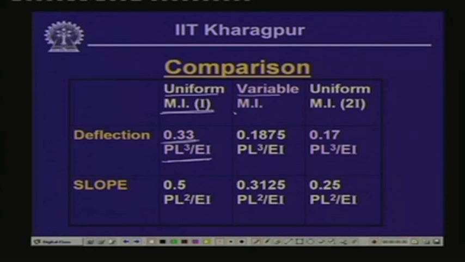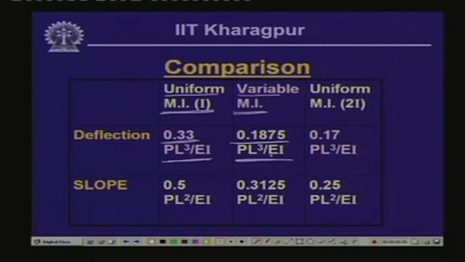When we have variable moment of inertia, with twice I over half the length and I for the rest, the deflection at the tip comes as 0.1875 PL cube by EI. So the value changes drastically from 0.33 to 0.1875, a change of around 43 to 44%.